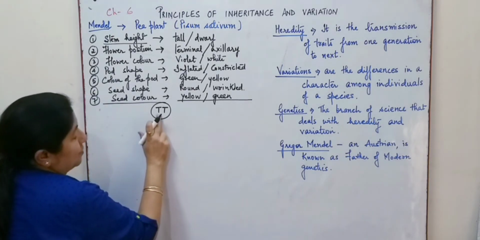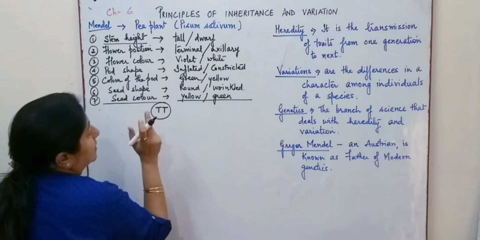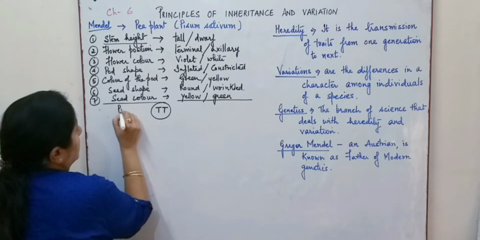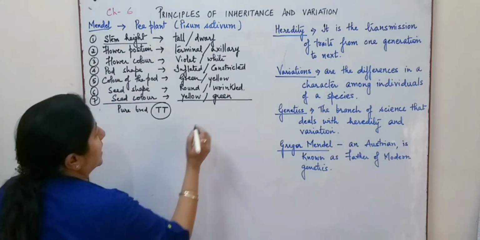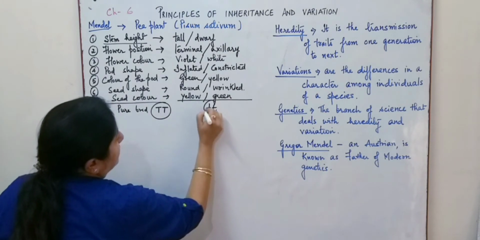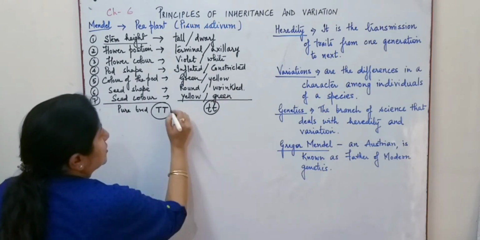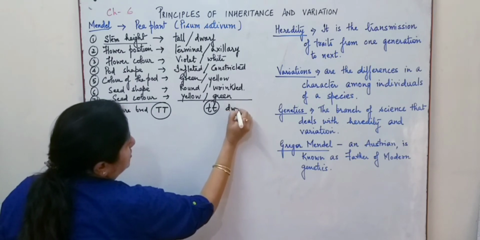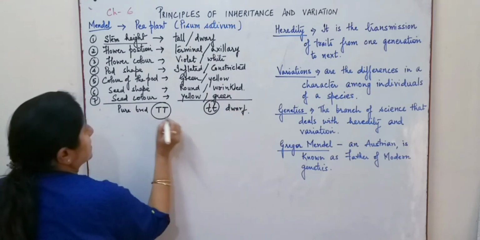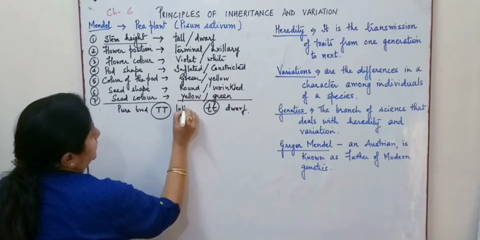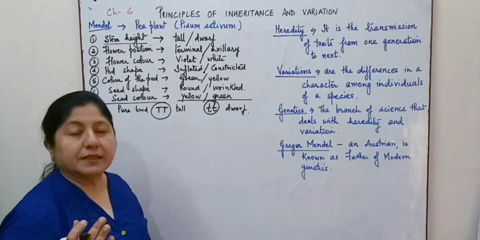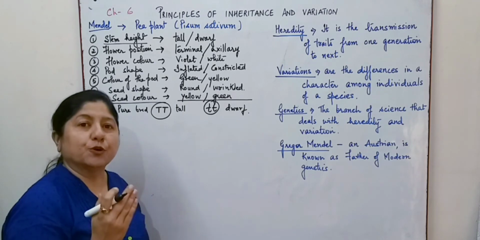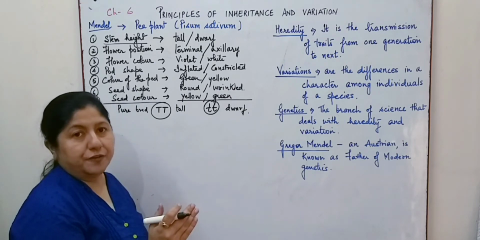So this was the purebred tall plant. And here, this is a purebred dwarf plant. So this is a dwarf and this is tall. Now, how do we obtain the purebred tall and purebred dwarf variety?